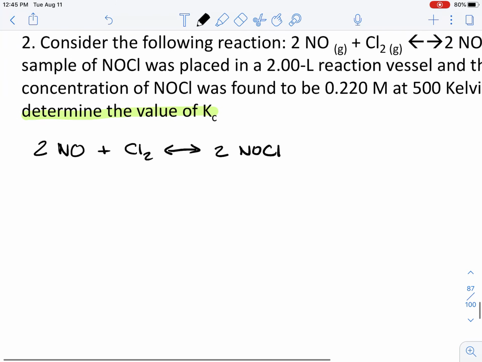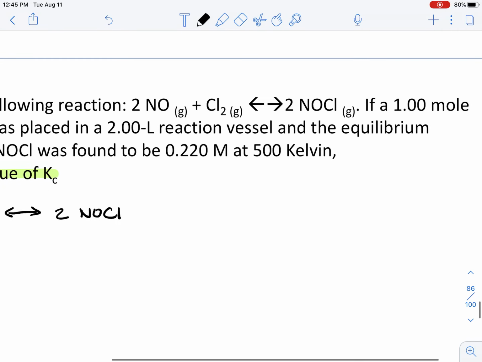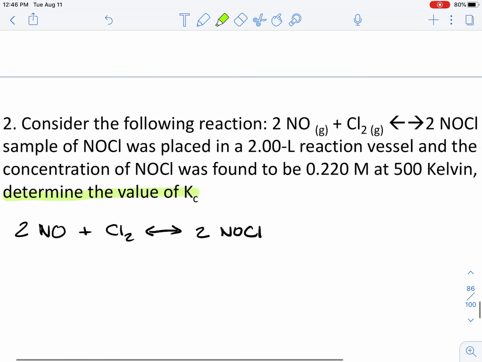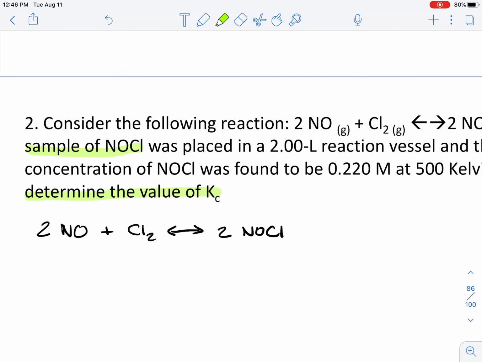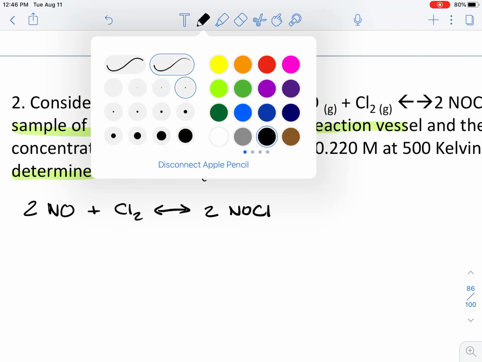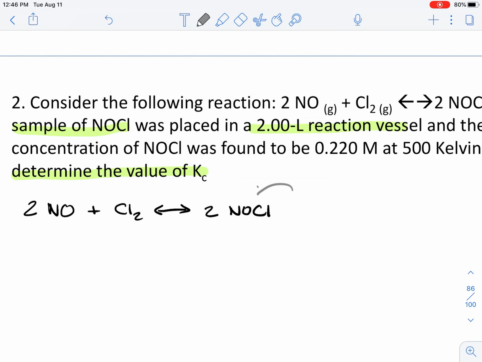Reading through the problem, it says that we have a 1 mole sample of NaCl that was placed in 2 liters. Maybe I'll put this in gray. We have 1 mole in 2.00 liters.